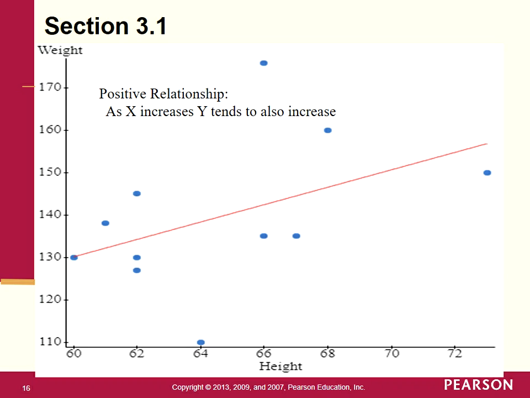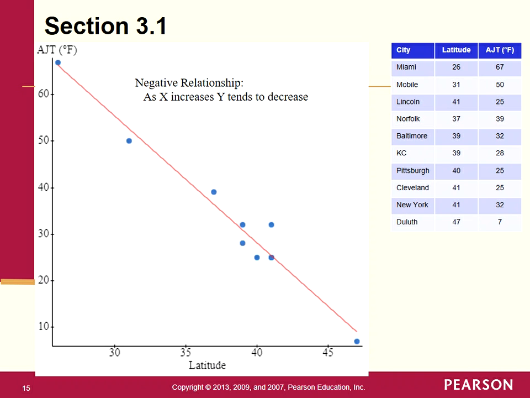But obviously we could have some observations that go against that trend. What are we going to say about a positive relationship? Notice how our slope is here. The reason we call the earlier one a negative relationship is because the slope of this line is negative.